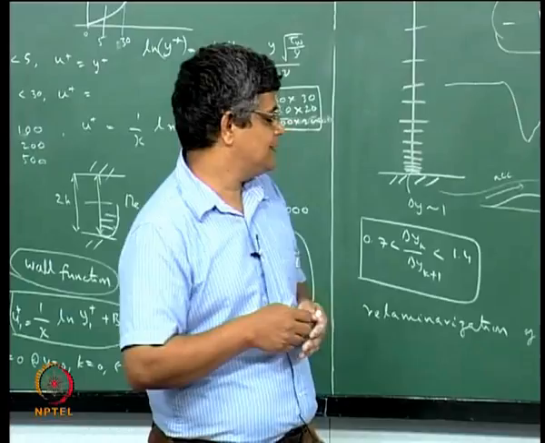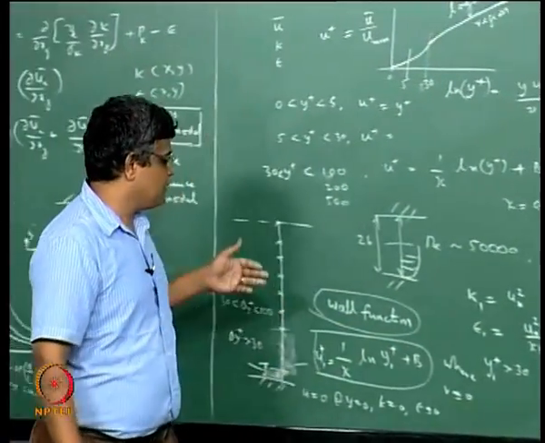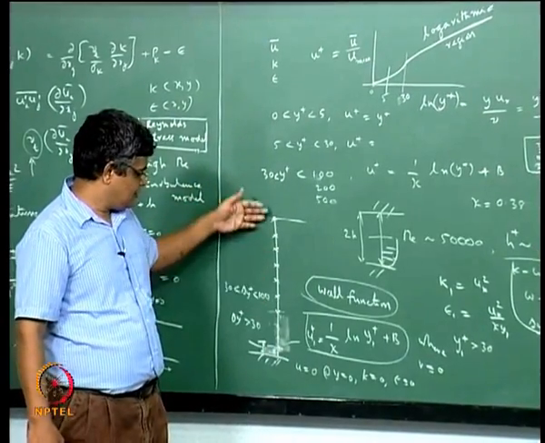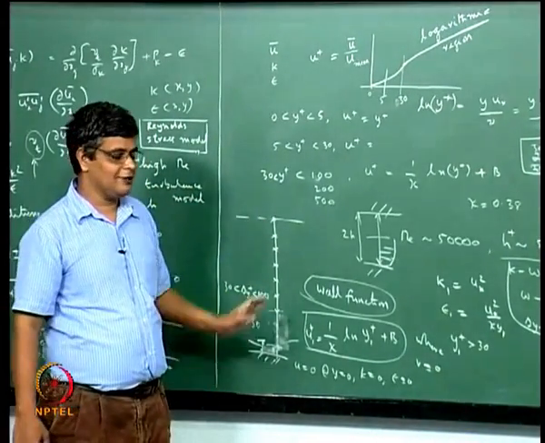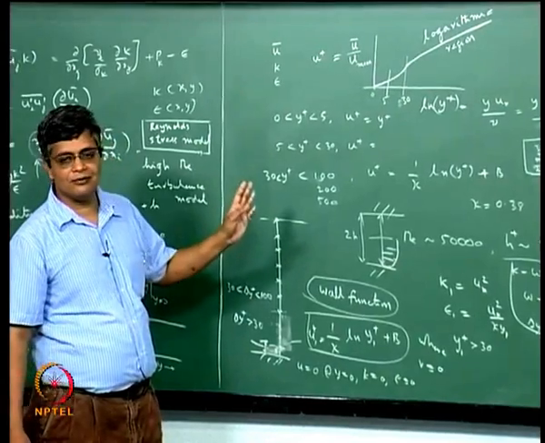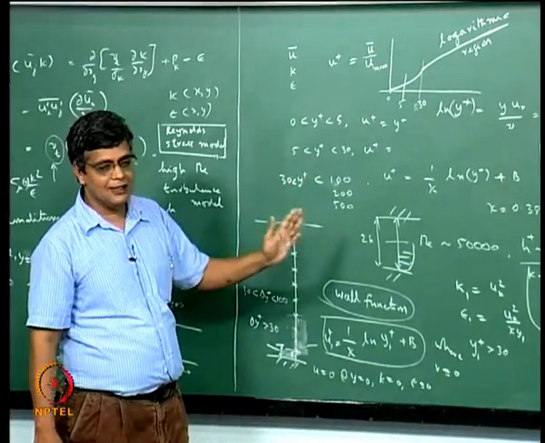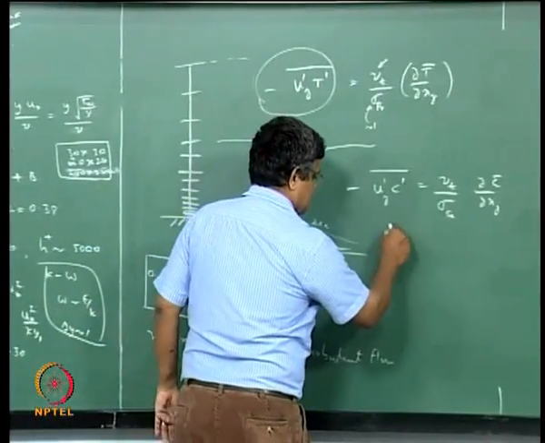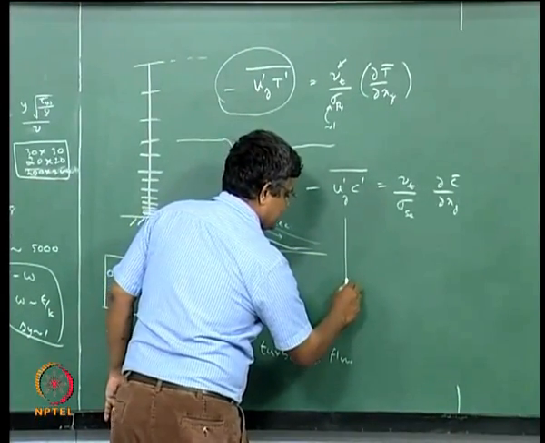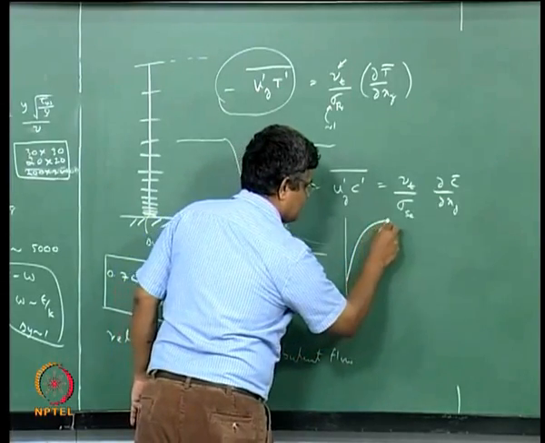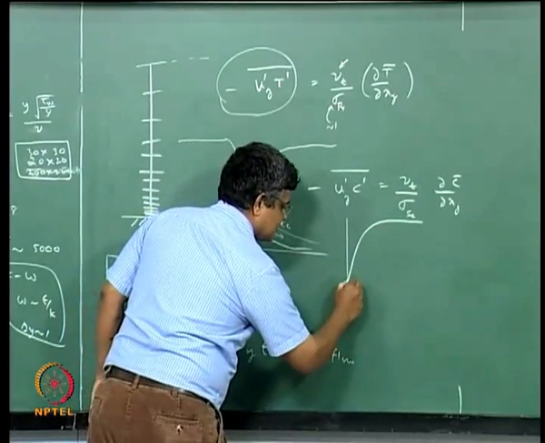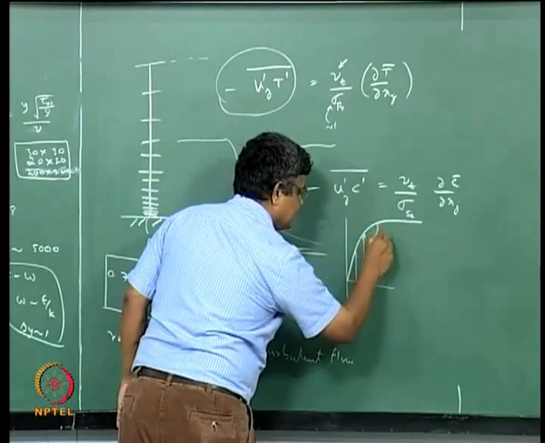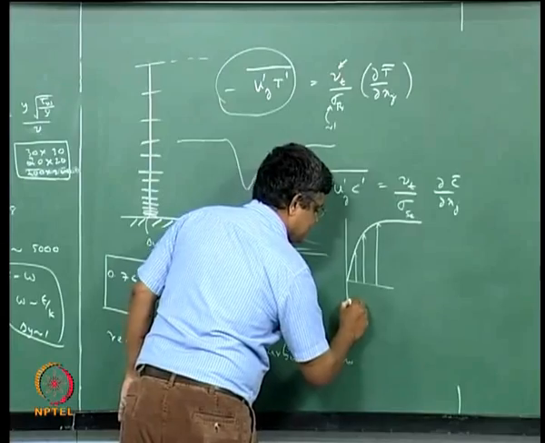So again in such a case you have a variation of the concentration profile which is very different from the variation of the velocity profile in turbulent flow, and especially when the Prandtl number is much greater than 1, or when the Schmidt number is much greater than 1, you have the strange case that if you are looking at a velocity profile which is going like this, so this is the velocity and this is the distance from the wall.